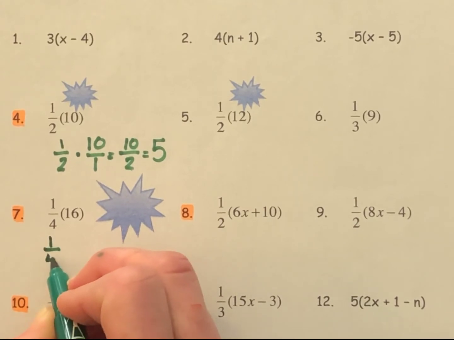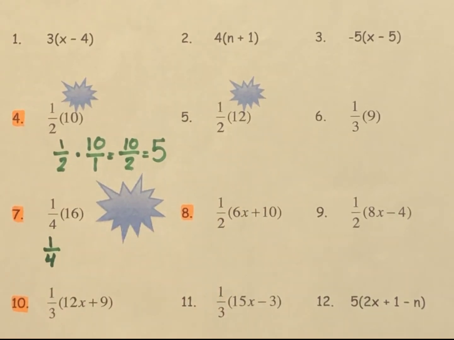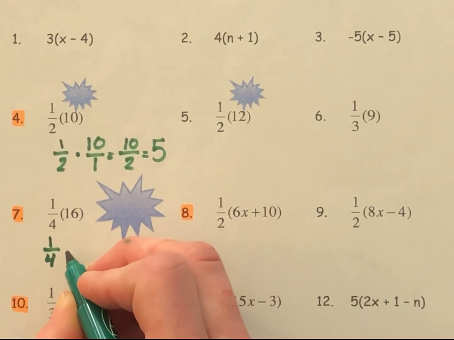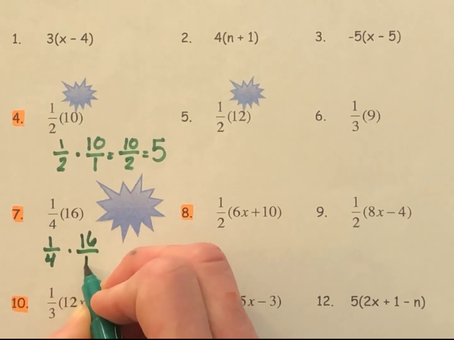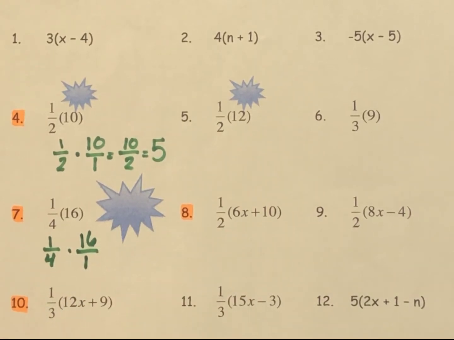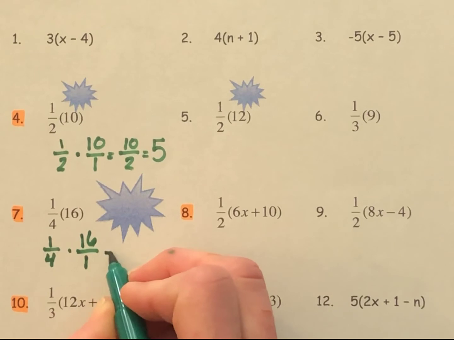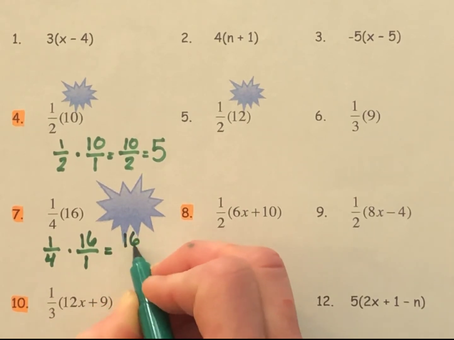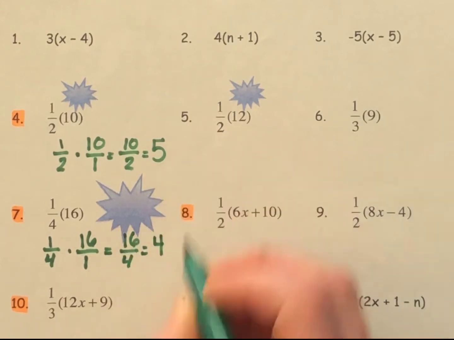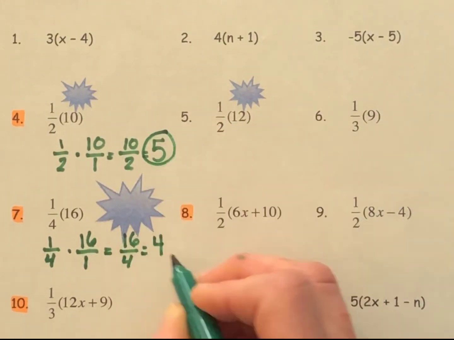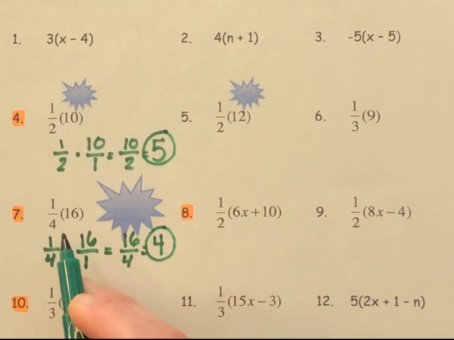This way will always get you the right answer as long as you don't make any mistakes. If you can't remember, then it's fine to go ahead and multiply it out. Because the important thing is that you get it. So if I multiply it out, I get 16 over 4, and that gives me 4. So 1/4 of 16 is 4.